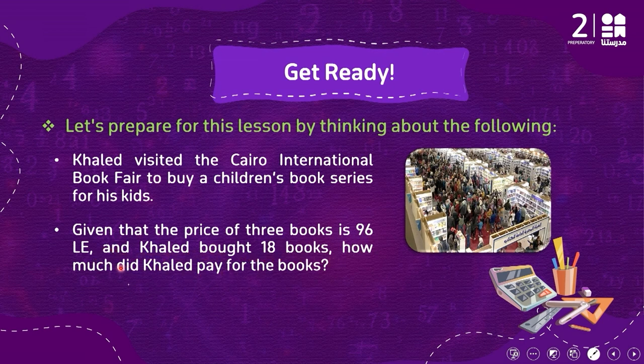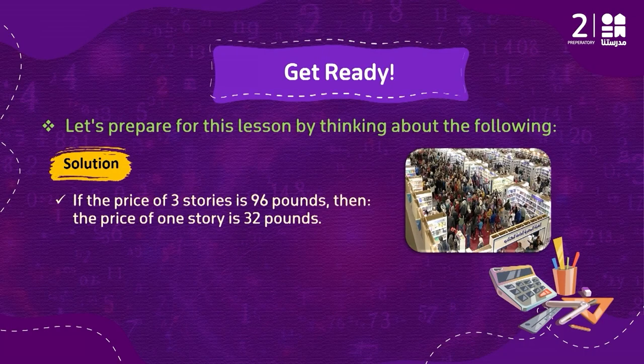How much did Khalid pay for the books? So we have 3 books, which is 96 Egyptian pounds. So we need to find the price of just 1 book. Let's start with dividing 96 by 3, which is 32. So the price of 1 book is 32 Egyptian pounds.